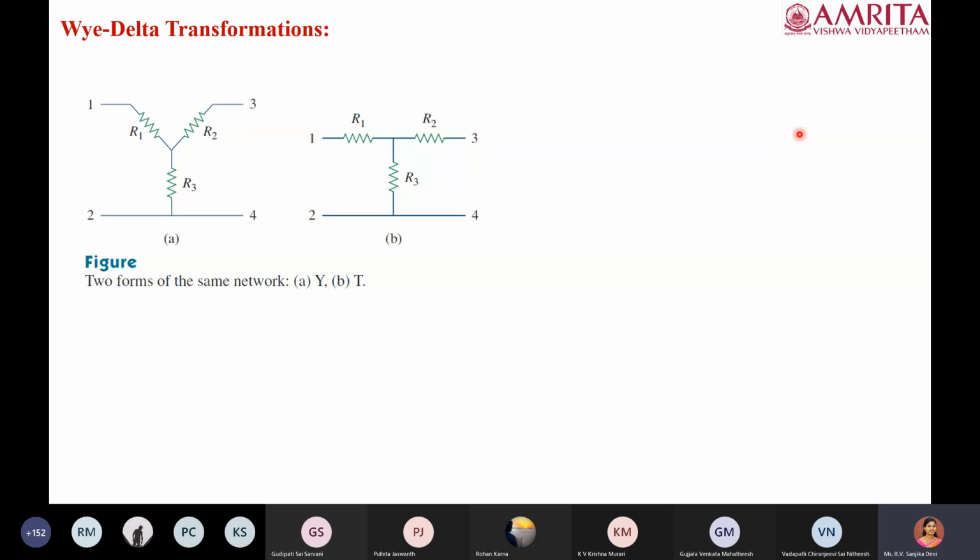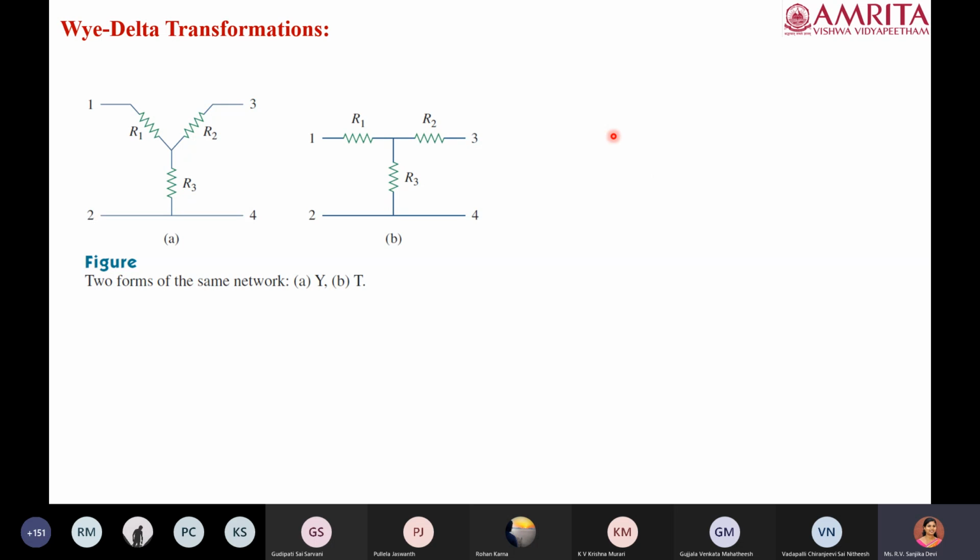In some cases we need not use any special transformations. By understanding whether the elements are connected in series or parallel, we can easily simplify the network. But in some cases, the network cannot be directly simplified, or the procedure becomes too complicated.